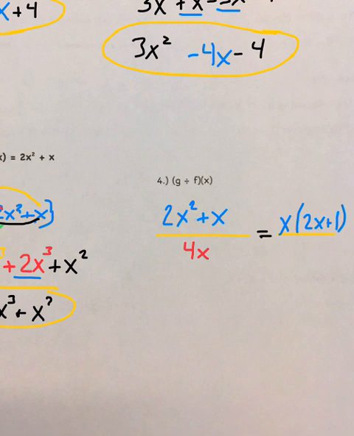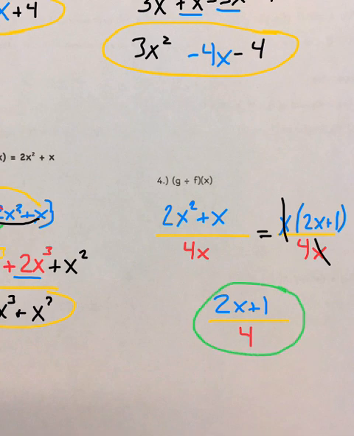And then if you look, the x's will cancel out, and so my final answer will be 2x plus 1 over 4. And that's my answer. Alright, and that is operations of functions.